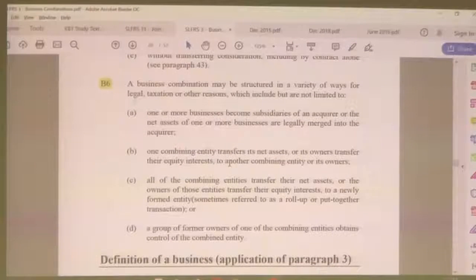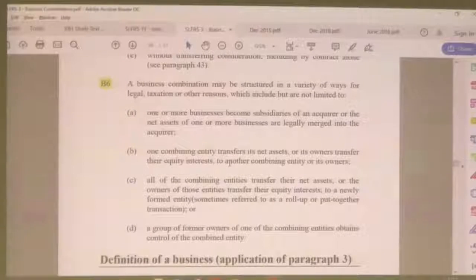A business combination may be structured in a variety of ways for legal, taxation and other reasons, which include but are not limited to this, right? One or more businesses become subsidiaries of the acquirer, or net assets of one or more businesses are legally merged into the acquirer. Likewise, the balance part you can read.